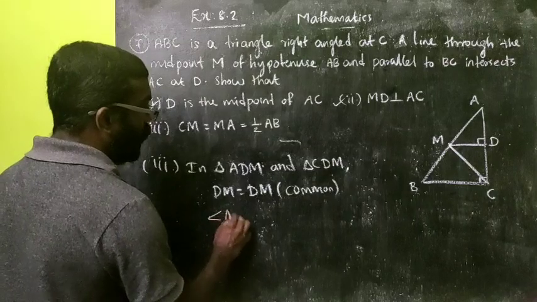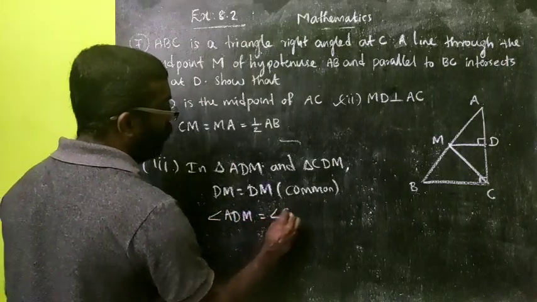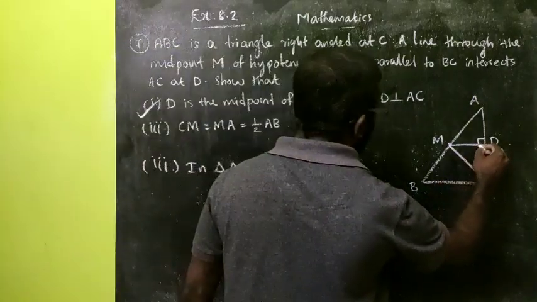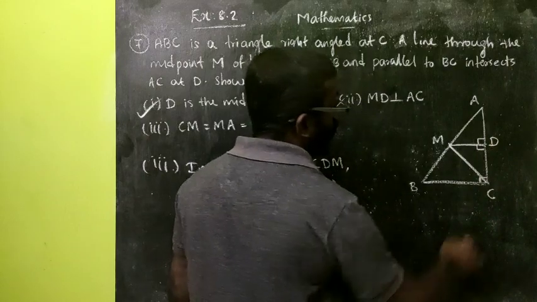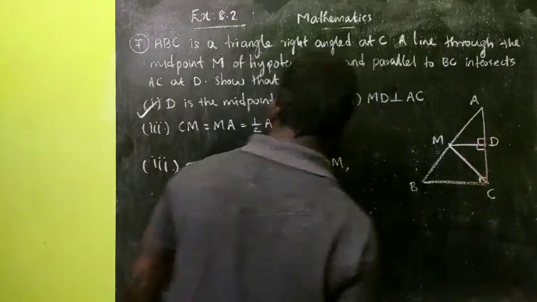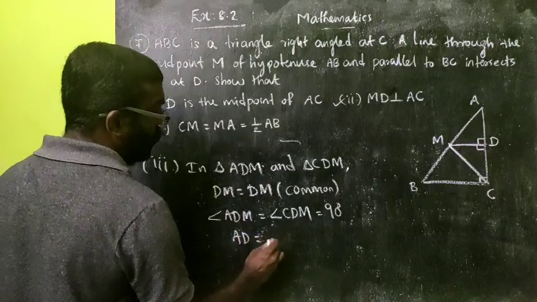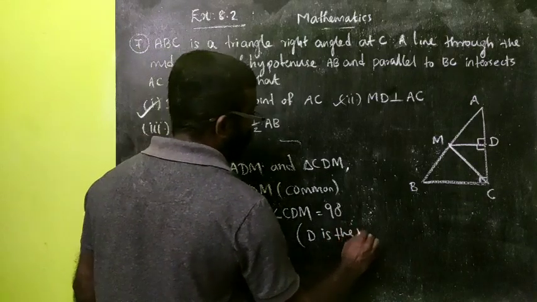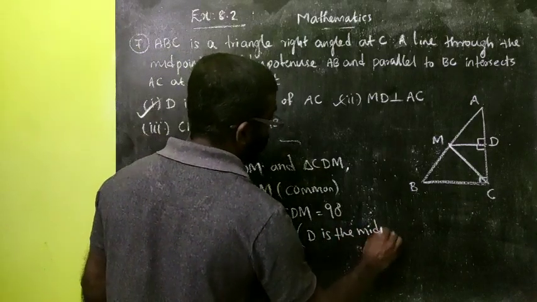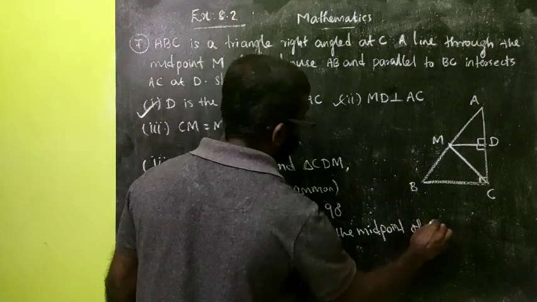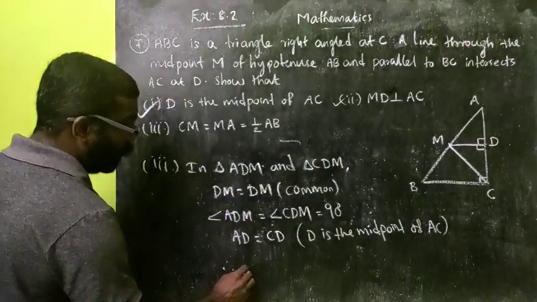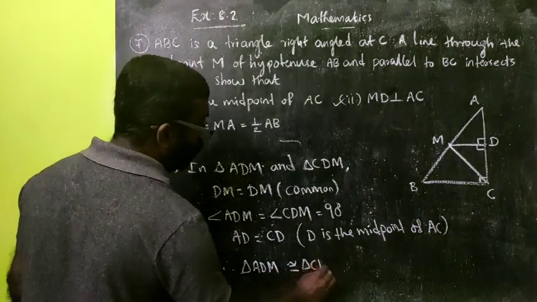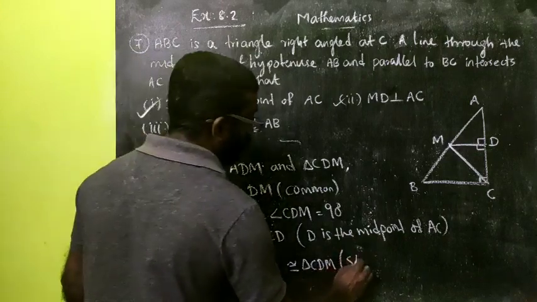Then angle ADM is equal to angle CDM, each 90 degree. Then AD equal to CD because D is the midpoint of AC, that we have proved in first part. Therefore, triangle ADM is congruent to triangle CDM by SAS congruence rule.